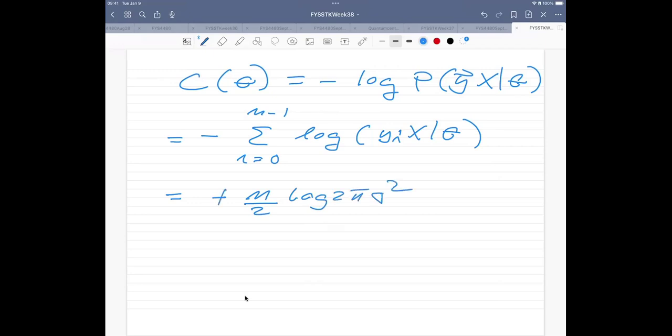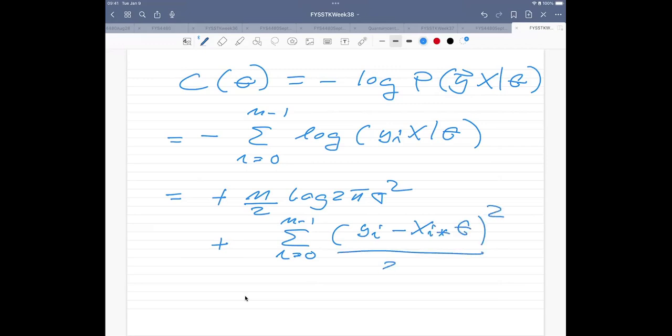It's actually a plus here because we have the inverse square root. And then I have plus the sum from i equals 0 to n minus 1 of y of i minus x of i, theta squared, divided by 2 sigma squared.